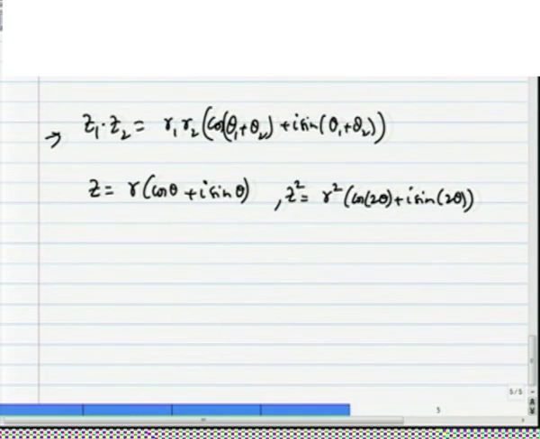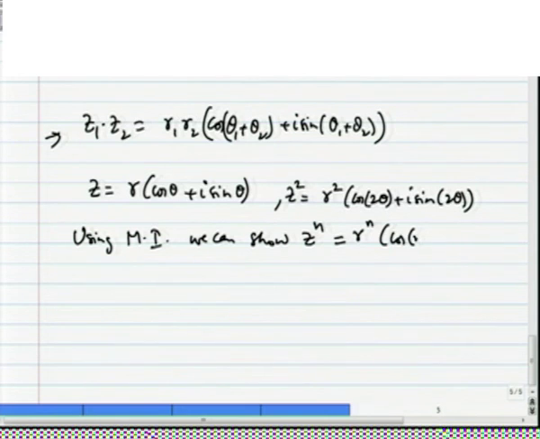Okay. So, likewise, we can show using mathematical induction, I will just say MI, the principle of mathematical induction. We can show z power n, n a positive integer, is equal to r power n cosine n theta plus i sine n theta.